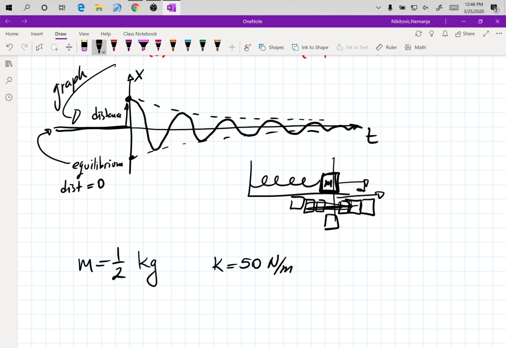you introduce dampening, where C is given to be 1, that's also given to you. Your equation becomes, remember that your equation is this.